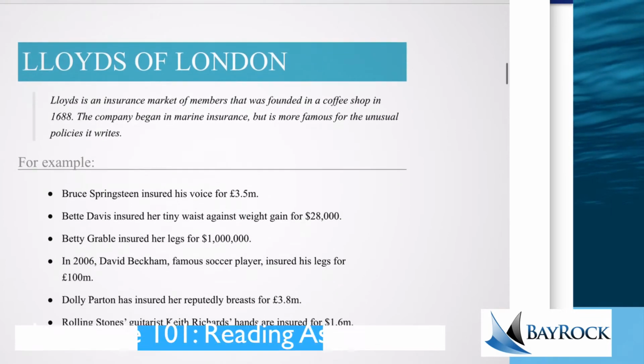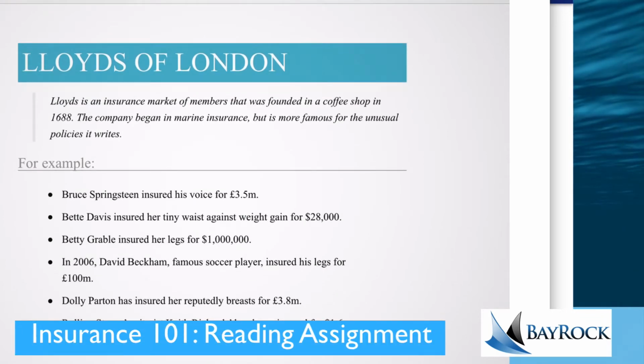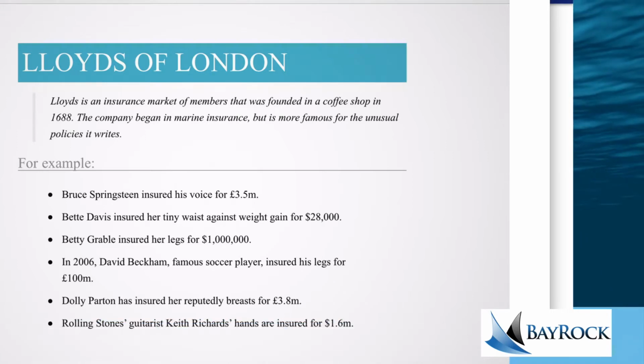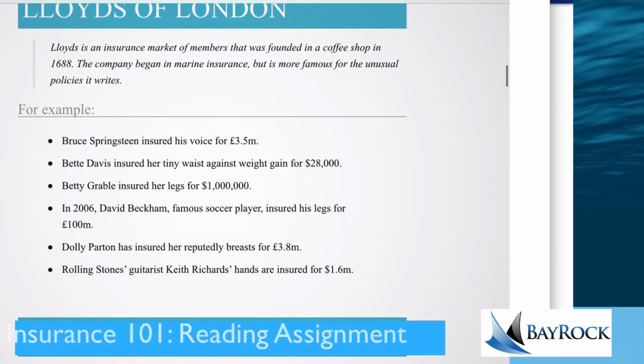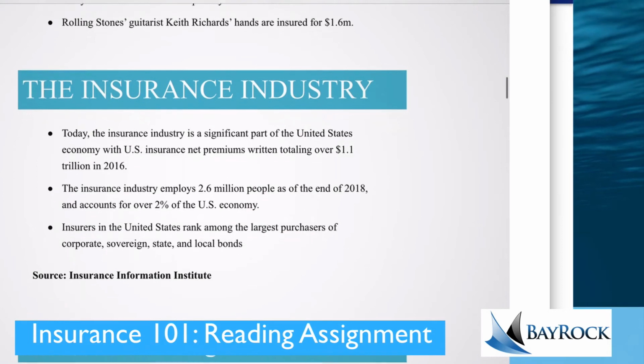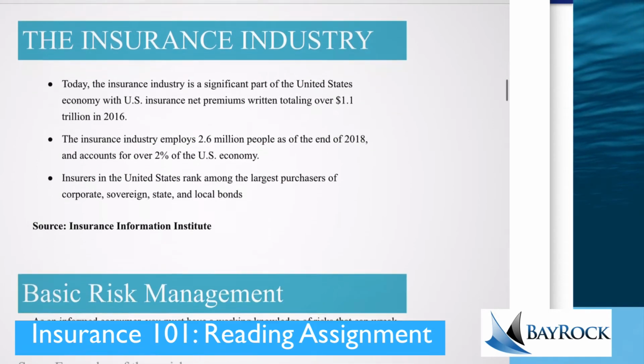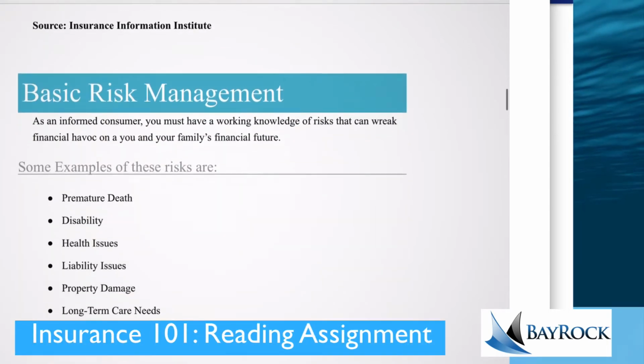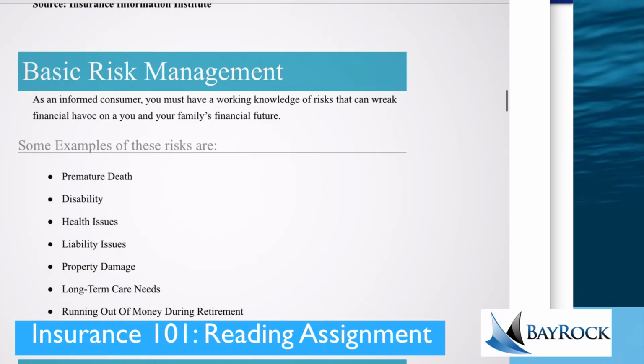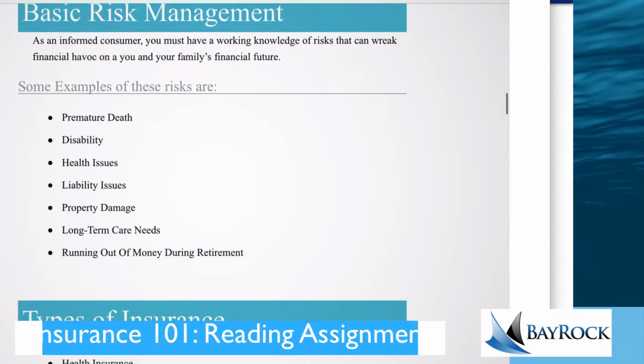I'll share a little bit about Lloyd's of London, which if you don't know anything about Lloyd's of London, you should know a little bit about Lloyd's of London. We'll cover a little bit of insurance industry, and then we'll jump right into basic risk management. And I'll be going over all of this when we get into our Zoom meeting this Tuesday.